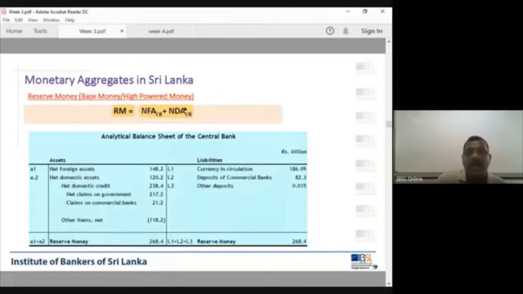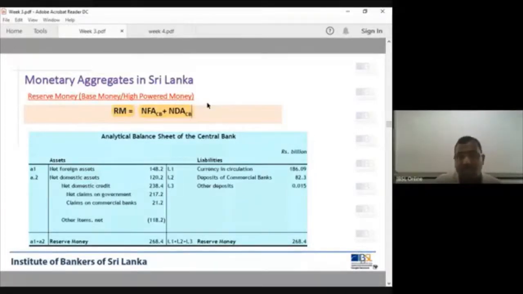Either the central bank should have foreign inflows, which are purchased by the central bank, and then it will inject money into the economy. Then the other source is central bank loans to the government and the commercial banks. Whenever the central bank gives loans to the government and the commercial banks, that creates new money, money printing.